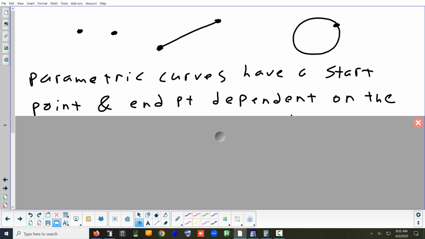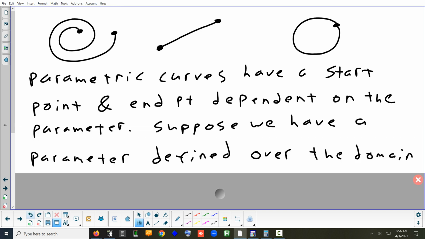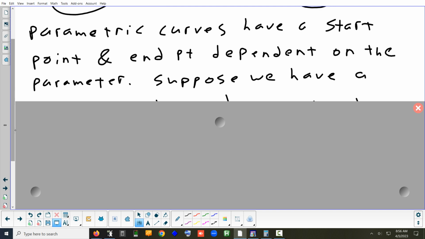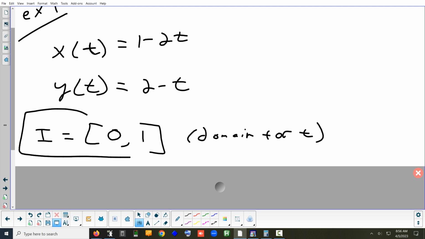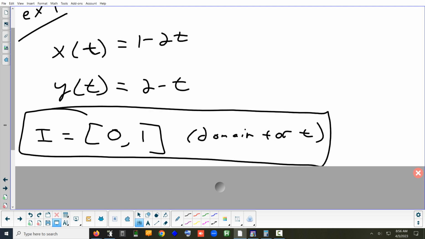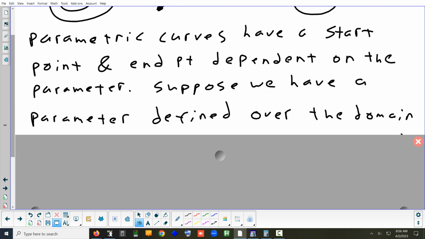So finding where it starts and stops is good, but we still need to look at the original problem and look at the formula, and that'll tell us how to get from the start to the stop. So what controls where it's going to start and stop? Well, that's this. It's the domain that they give you for your parameter, the minimum and the maximum. Those 2 numbers control where the graph is going to start and stop.